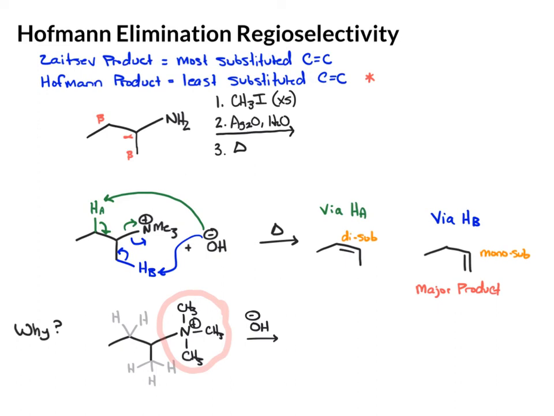So that bulkiness is hindering the molecule as it is. And then if we look at the hydrogens, and my picture may not be the best representation, but if you build a molecular model, it would be easier to see that at this less substituted carbon, the hydrogen are more accessible.